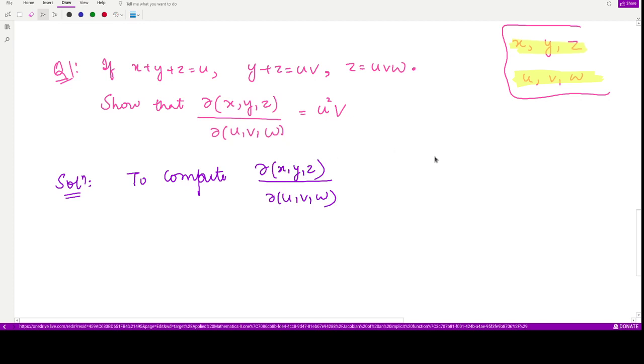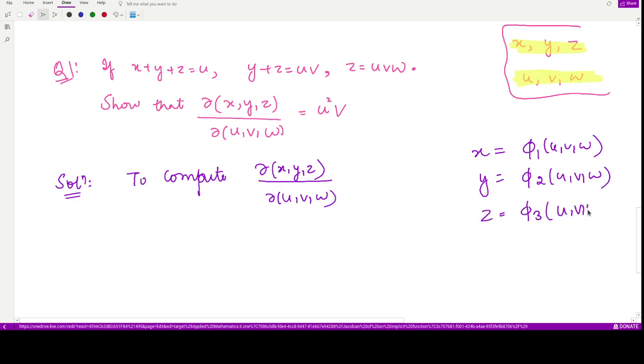Because you cannot write x as some function of u, v, w directly, as they are mixed up, firstly you have to solve these equations to obtain relations of this kind: x is equal to some function of u, v, w, y is equal to some other function of u, v, w, and z is equal to some third function of u, v, w. So in this case, we will construct the function f1, that would be equal to x plus y plus z minus u equal to 0 using the given equation. Using this equation, we have shifted u to the left hand side.